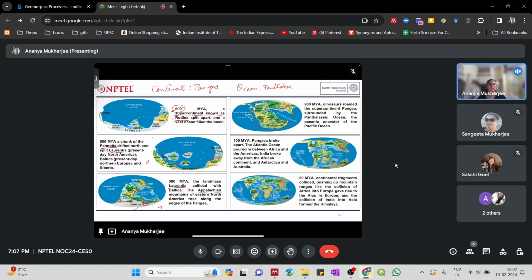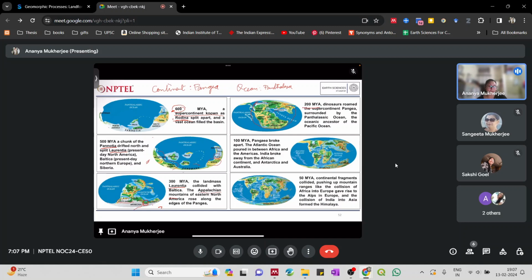So all the land masses that we see even now, when they all came together, at that time it was called Pangaea. That was around 200 million years ago compared to the present. So I'm sorry for the previous statement that I made.